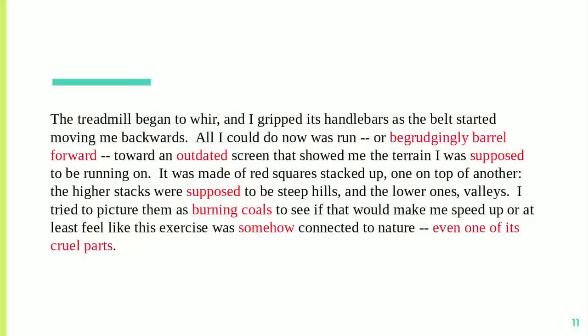So looking at all of these different components and putting them together, I can tell that our speaker is kind of annoyed by this or perturbed by this or a little bit resentful of having to do this. All of those tone words would work to describe the way this writer or speaker feels about this treadmill.